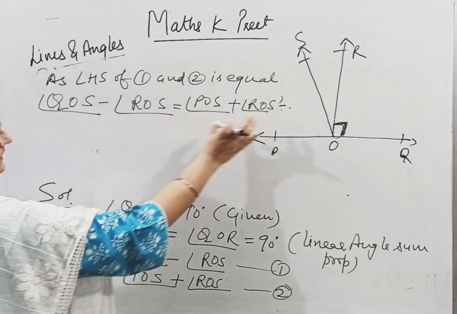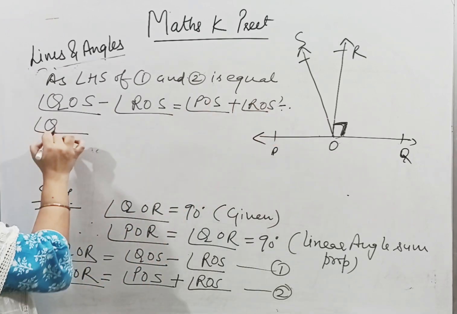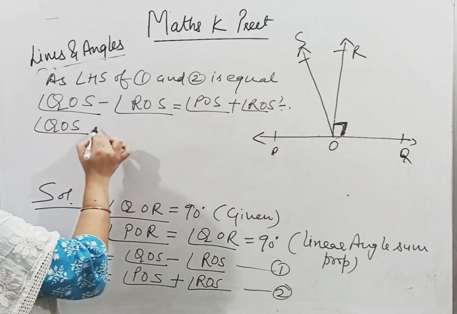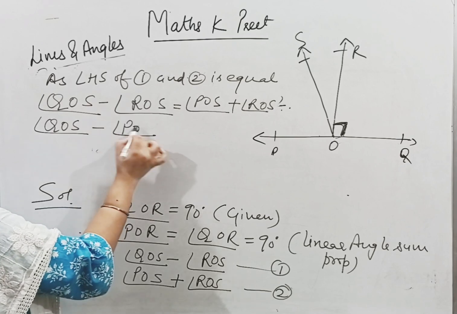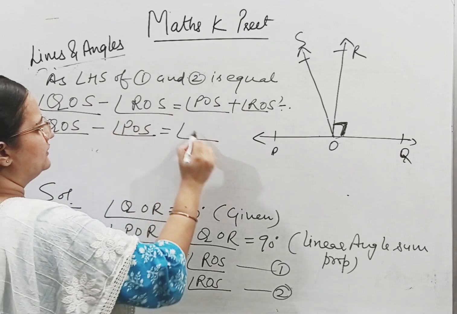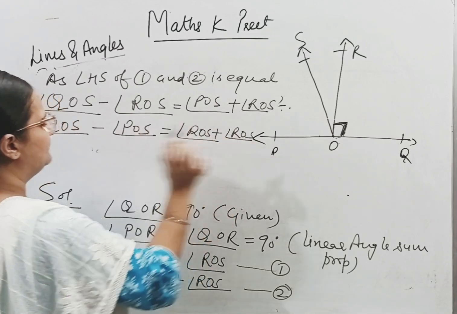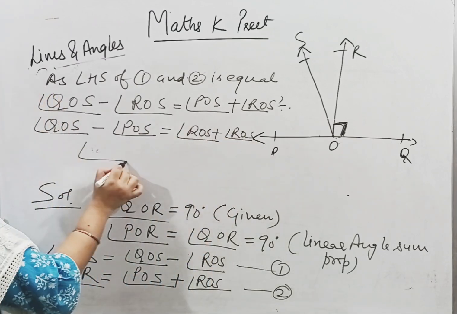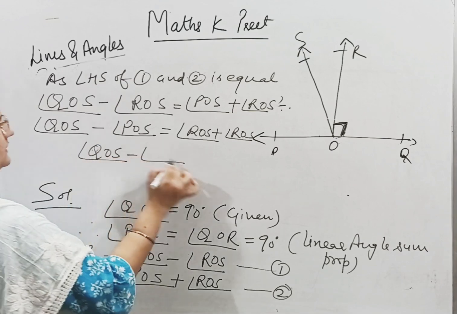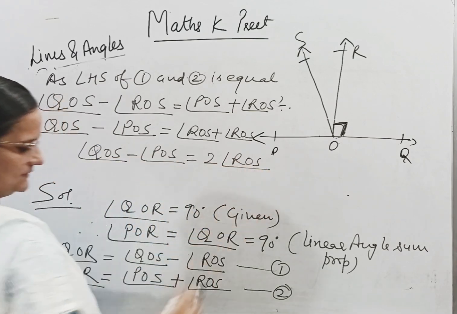I can take this ROS to the right hand side to make it positive. So on the left hand side, the rest of the material will become QOS minus POS. ROS is already there, one more ROS from the left hand side will become positive. So QOS minus POS is equal to 2 times ROS.